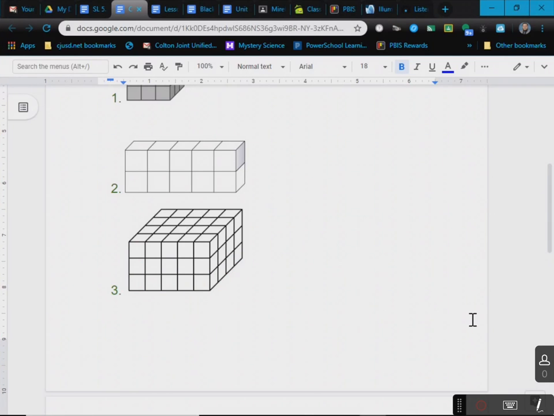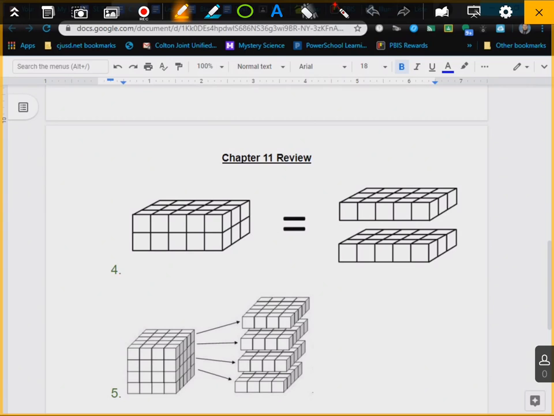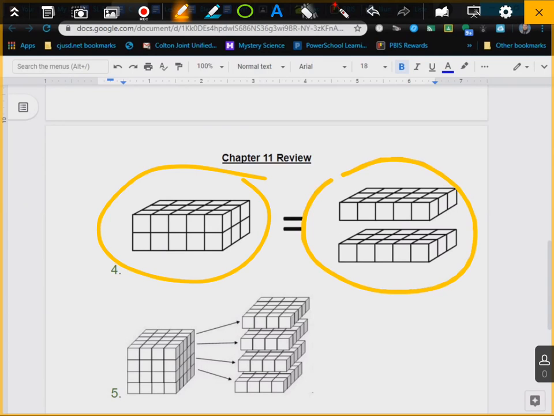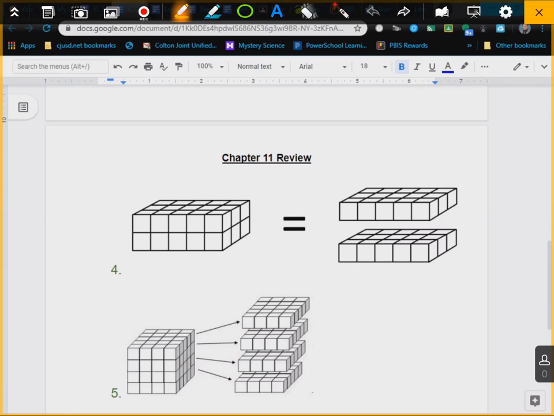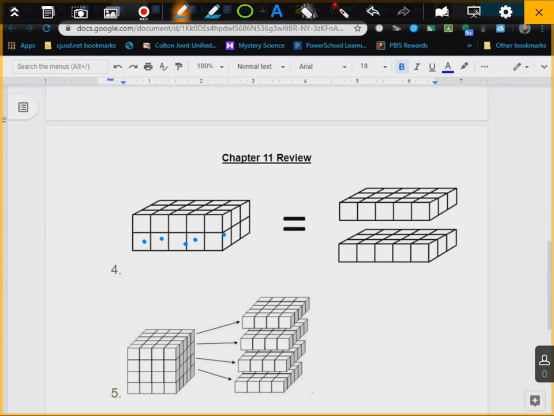But let's go ahead and do 4 and 5, and then we're going to be done. So 4 and 5 are exactly the same thing. All they do is they give you a little extra information. They show you how many layers there are, which is pretty helpful. So they tell you that this is the same as this. These are equal, meaning there's 2 layers here. So they're basically giving you the height. If the length is 1, 2, 3, 4, 5, the height is 2 because there's 2 layers, and the width is 1, 2, 3. So you know V equals length times width times height.